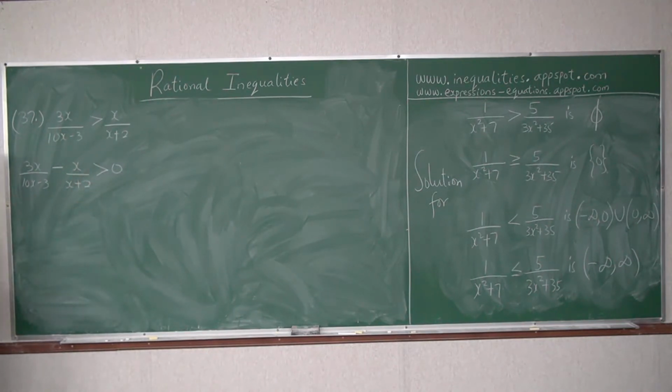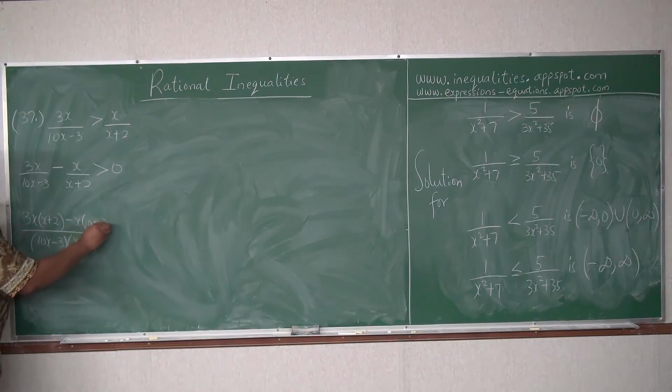We can find the LCD. The LCD here is straightforward: 10x minus 3 times x plus 2. This into this, we have 3x times x plus 2 minus x times 10x minus 3, greater than 0.